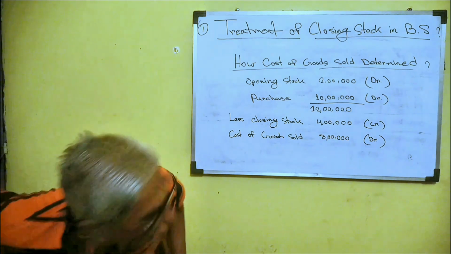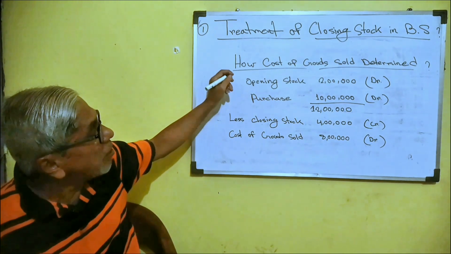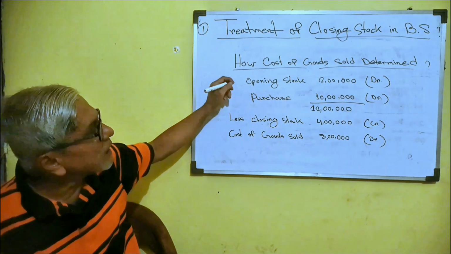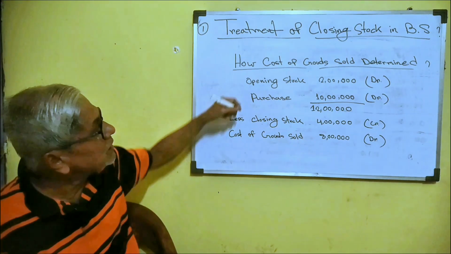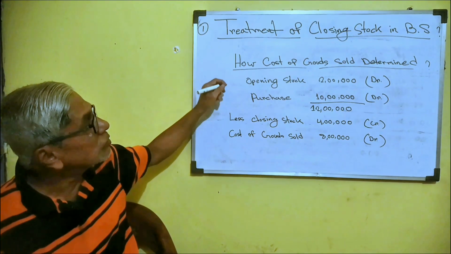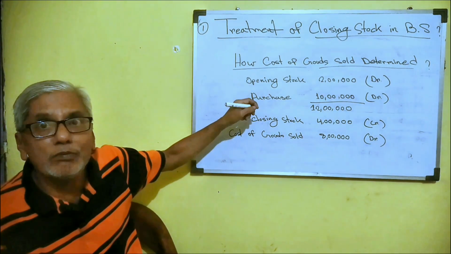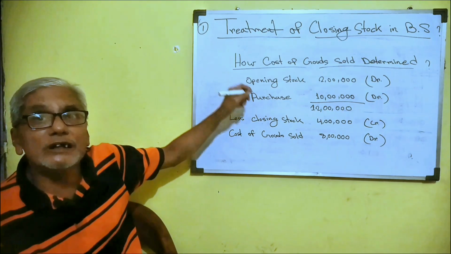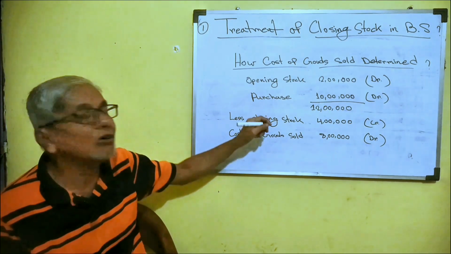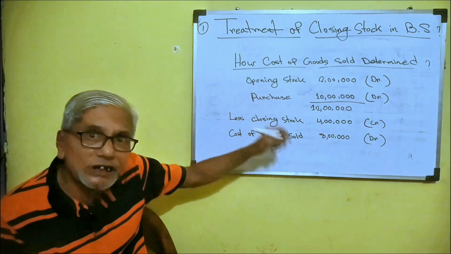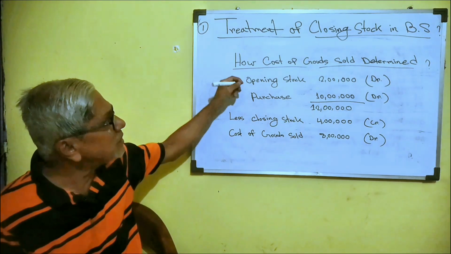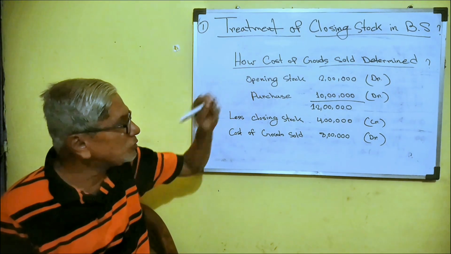Nowadays all the companies, as per accounting principles, show the cost of goods sold in the case of a trading company and cost of material consumed in the case of a manufacturing company. Here it is a trading company, so I have written cost of goods sold.